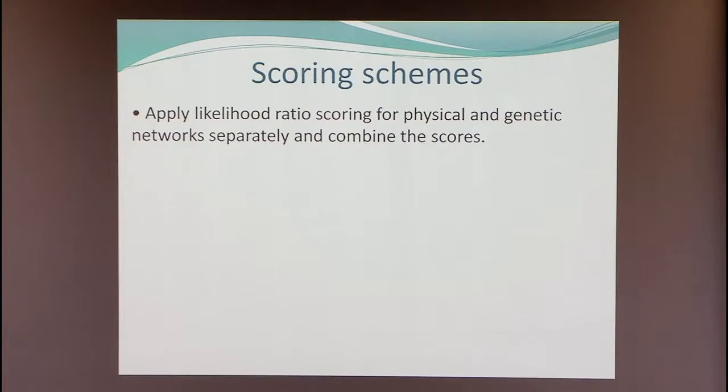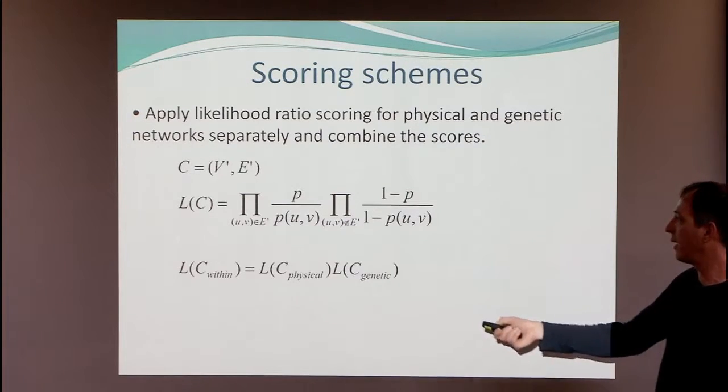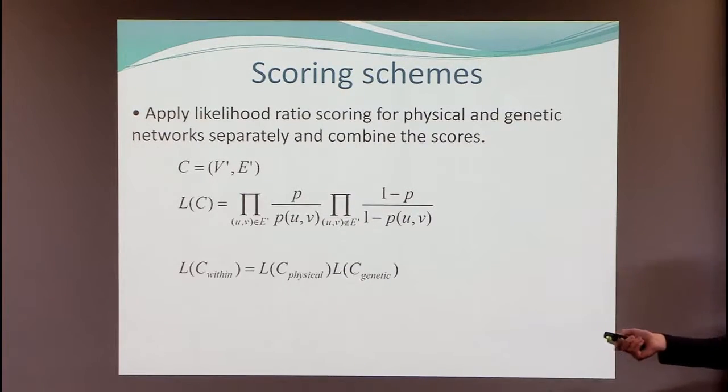So how do we use these two very different types of information? The idea was to look directly for these two types of explanations by using again this likelihood ratio approach, where for the within pathway interpretation, you simply look for things that are dense both on the physical network and on the genetic network.